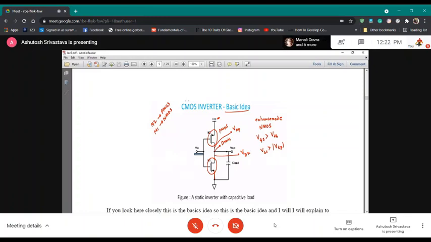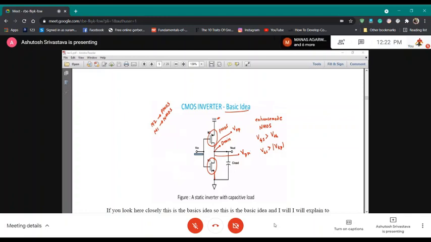So the basic operation of an inverter is here. Any questions? If you understand this, it will be easier for you to understand and design any circuits.